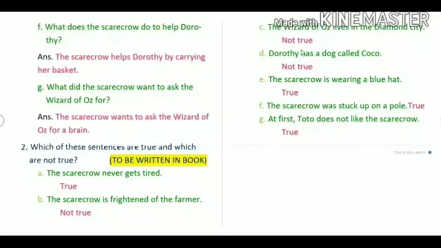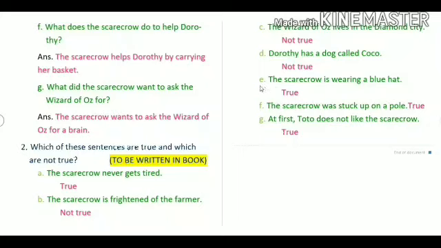So this is not true. Number D. Dorothy has a dog called Coco. Dorothy has a dog, that is true, but its name was not Coco. Its name was Toto. So this is also not true.